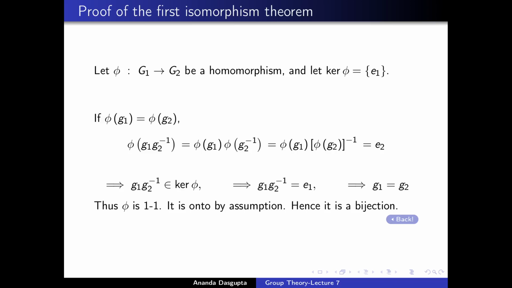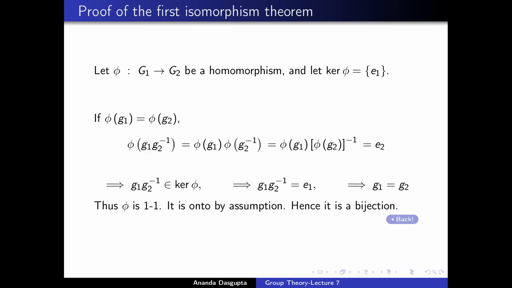and not demanded that a map also be onto, then we would have to actually restate the theorem in a slightly different way. We could either start by demanding that phi, which is a map from G1 to G2, is a homomorphism. On top of that, it is onto, and kernel of phi is the singleton set E1. Then phi is an isomorphism between G1 to G2.